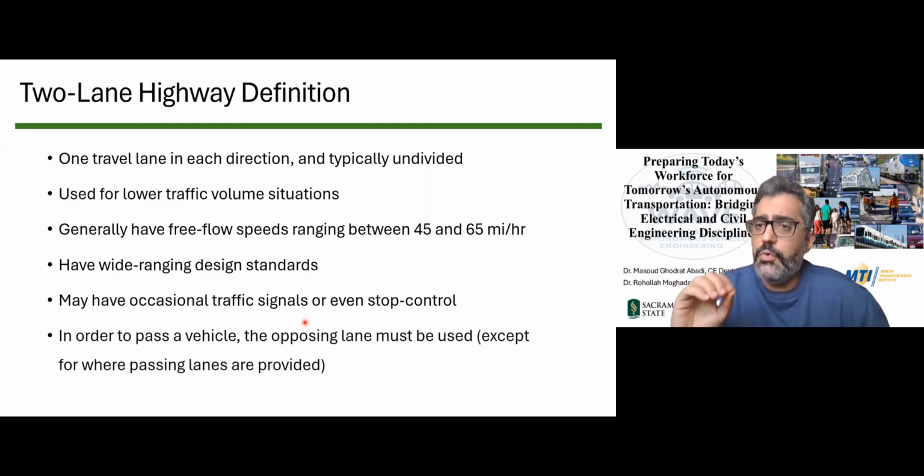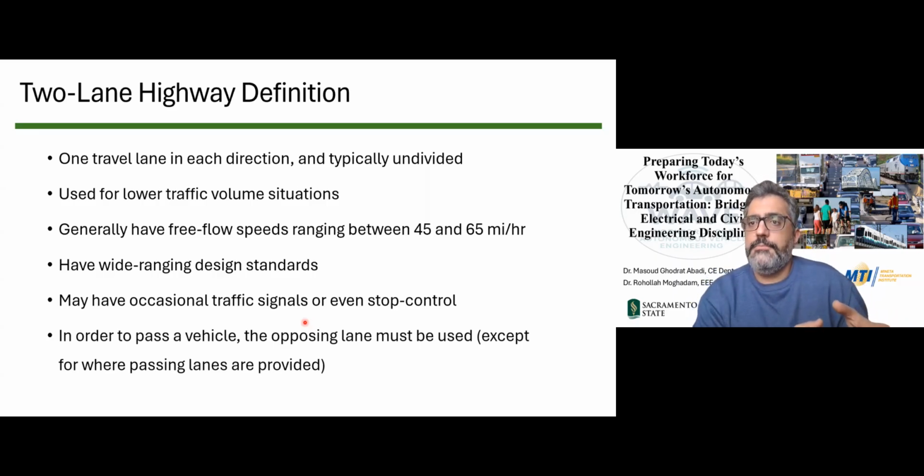But the most important difference between multi-lane highways and freeways and two-lane highway is the ability to pass a slow-moving vehicle. On freeways and multi-lane highways, when you want to pass another vehicle, you have extra lanes to do it, right?